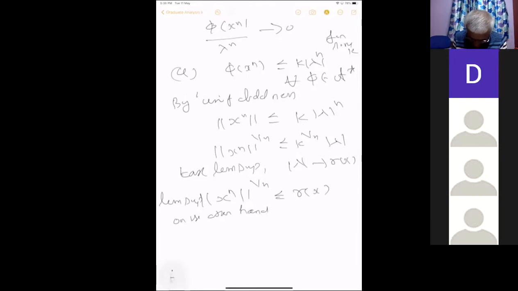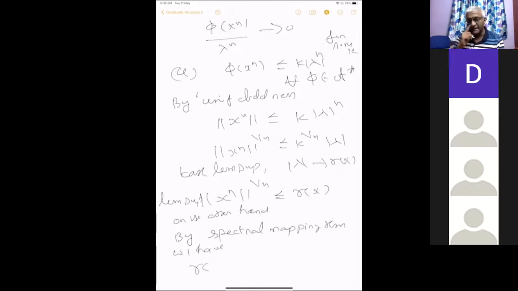By the spectral mapping theorem, we have that P of sigma(x) is the same as sigma of P(x).